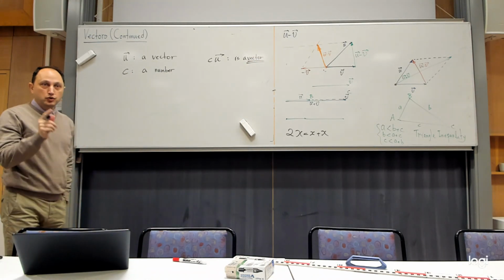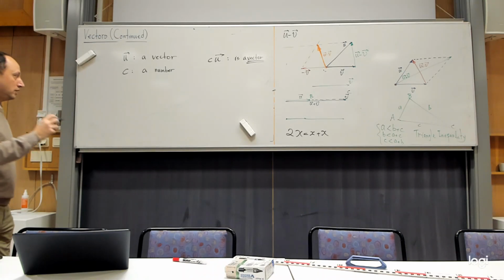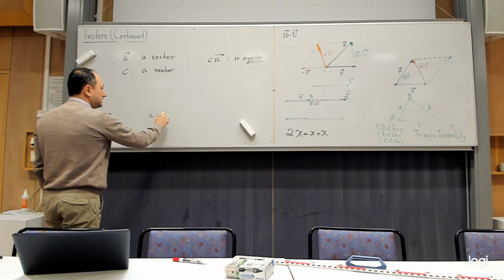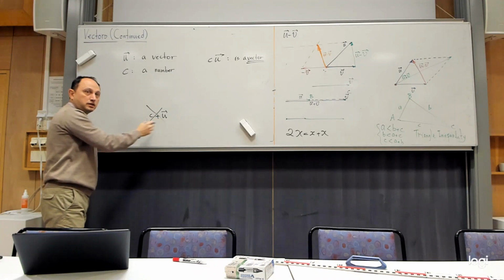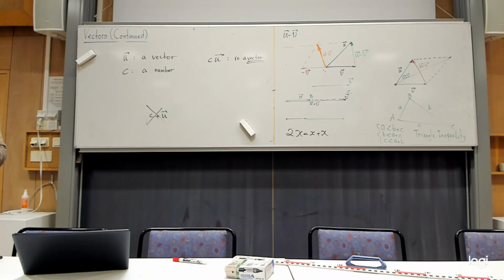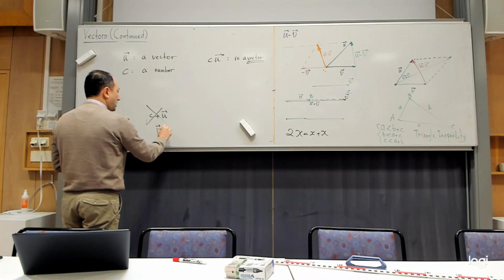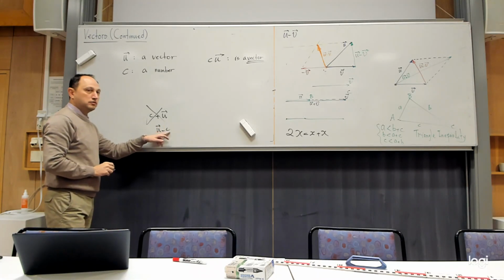So if I give you a number and I give you a vector, and I ask you to add them, it is meaningless. Yes, I cannot ask you to add a number to a vector because they are different quantities. Yes? I cannot ask you to determine u minus c. One vector minus a number.